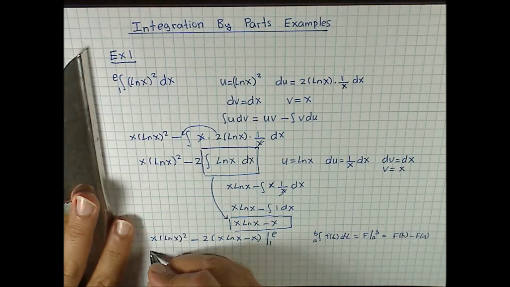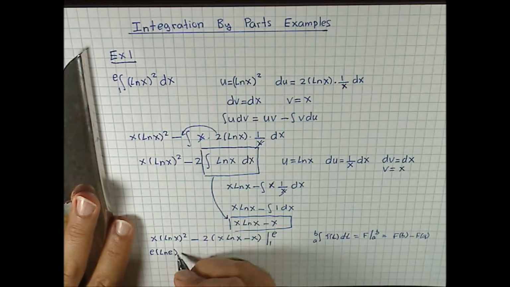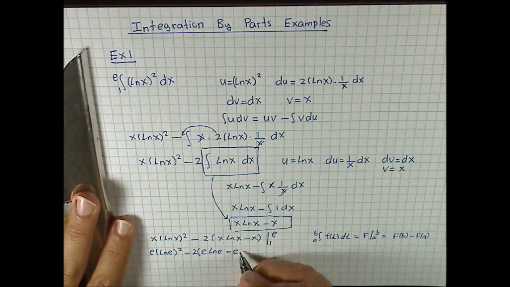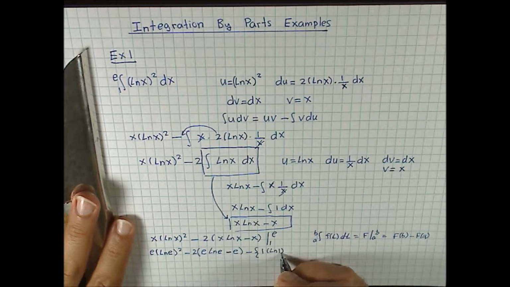We get e times (log e) squared minus 2 times e log e minus e, minus, let's put 1 in, you get 1 times (log 1) squared minus 2 times 1 log 1 minus 1.